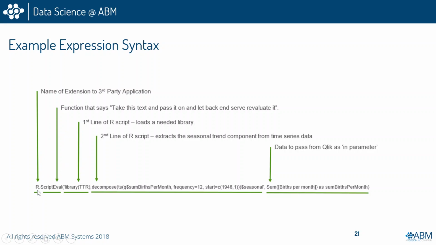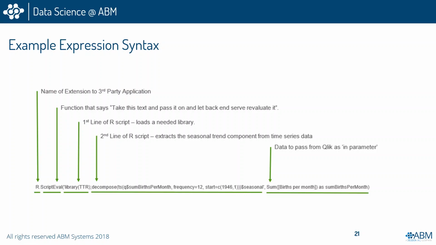This example uses R, but in the ones that we're going to see live, it's actually Python, and they call it PyTools there. Then you see this function that says take this text and pass it back and let this end server evaluate it. So this script eval, it then needs to pass through the first line of the R script, and then it also extracts other parts of what is in the Qlik Sense application.